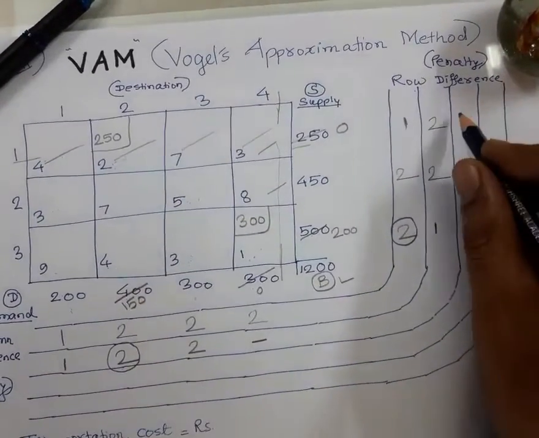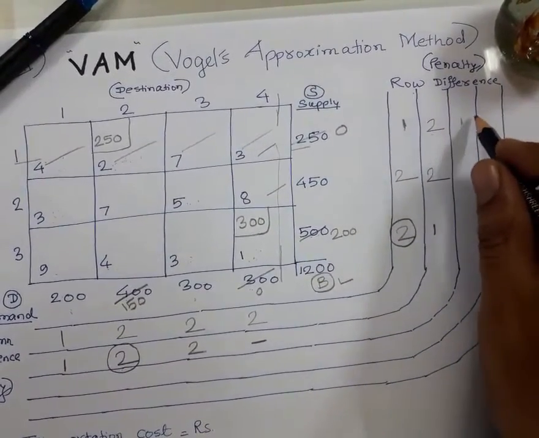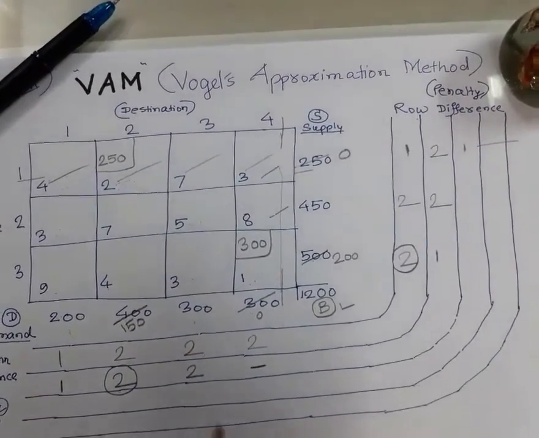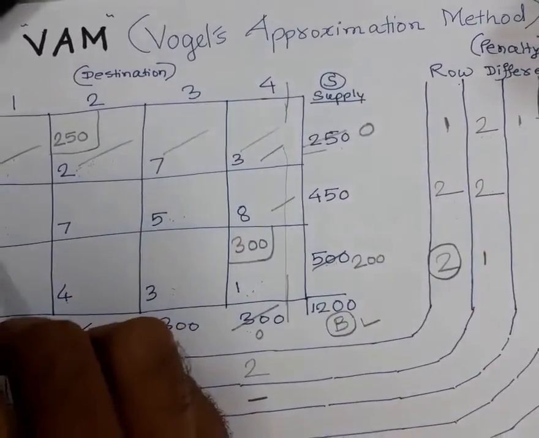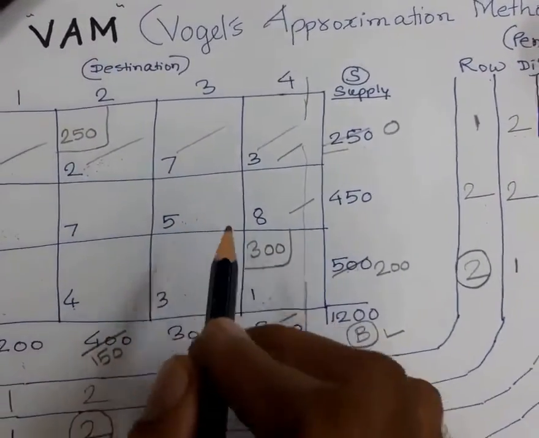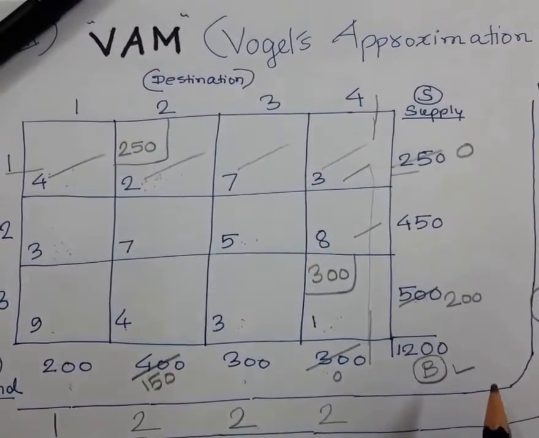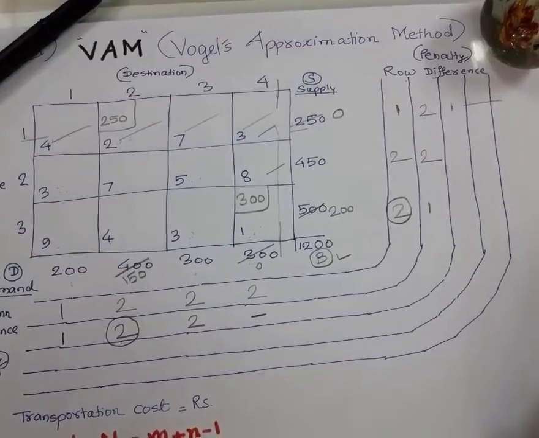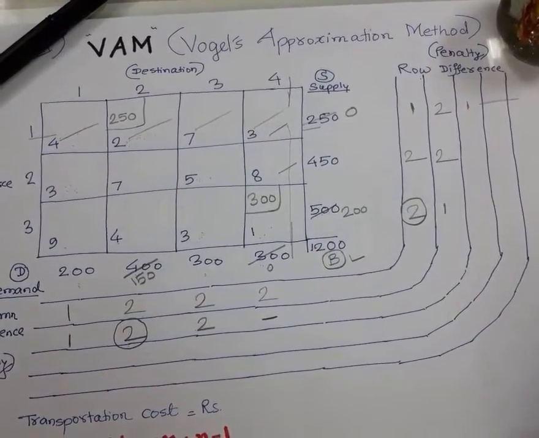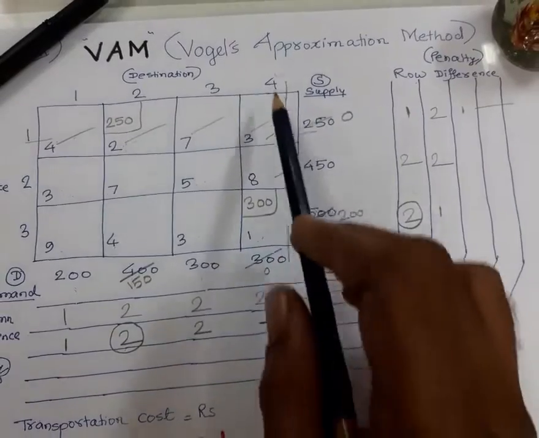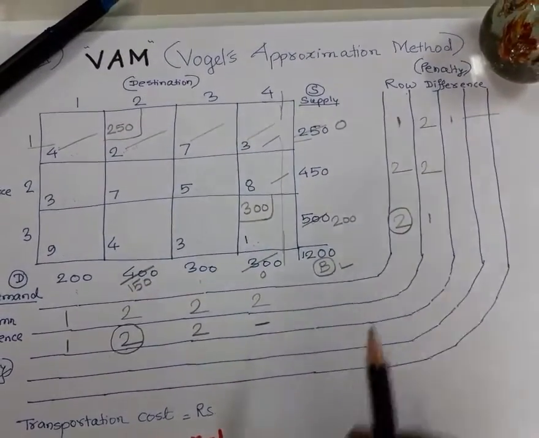Again find the penalties. Second row, smallest number 3, next number is 5. Okay, 5 minus 3. Now after allocations, we can see that first row is deleted and fourth column is deleted.